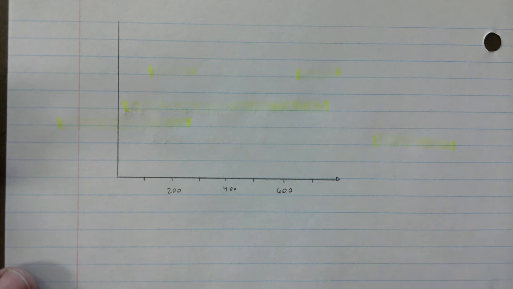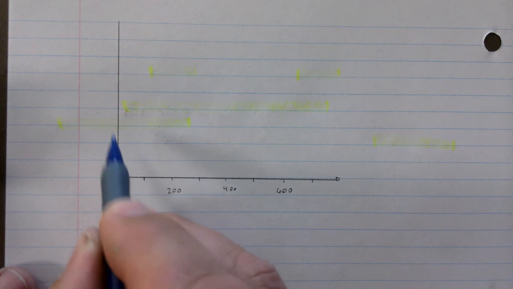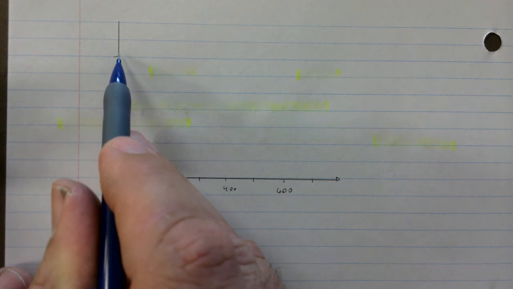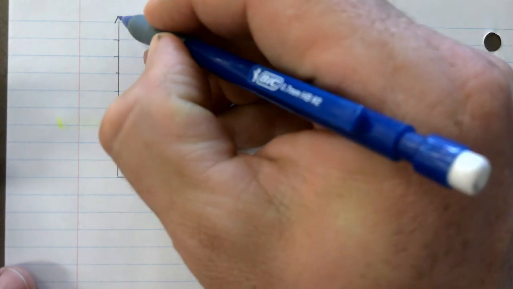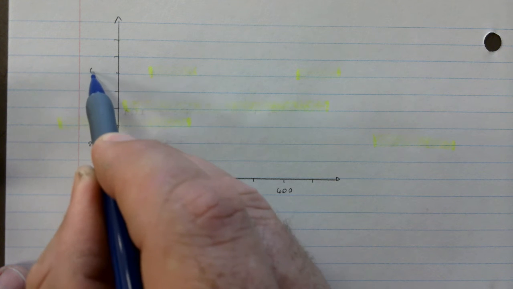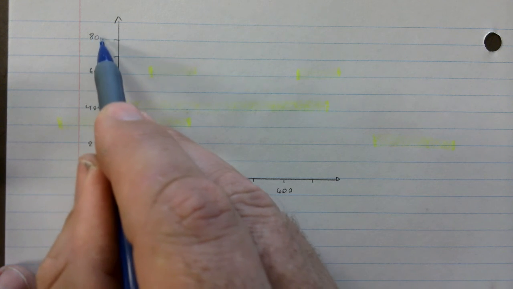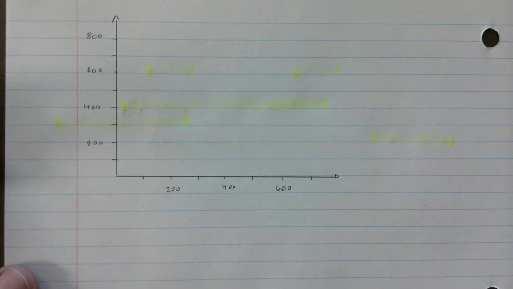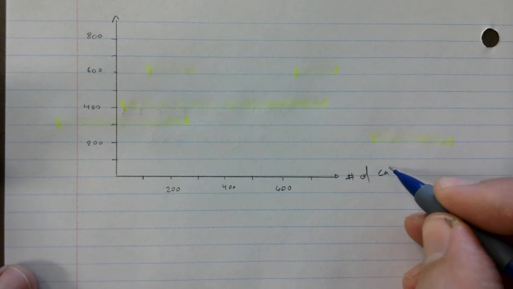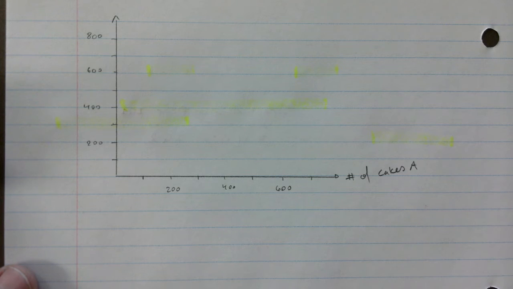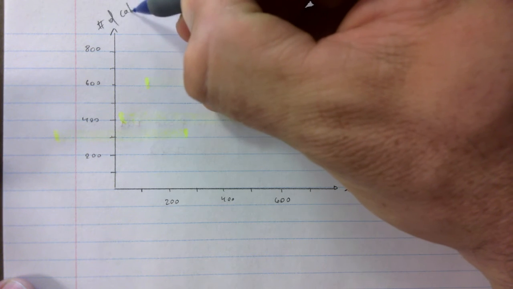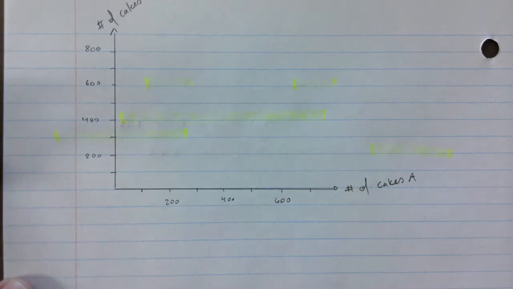And I will do the same going up. 1, 2, 3, 4, 5, 6, 7, 8. I can fit 800. That is plenty. So a reasonable scale. This one is number of cakes of the A type. And this one is the number of cakes of the B type.